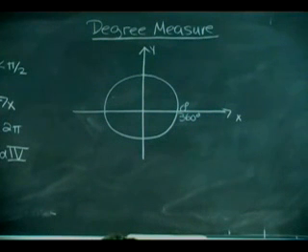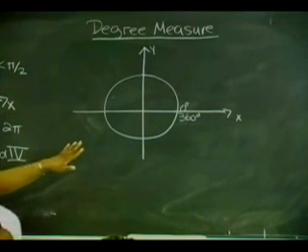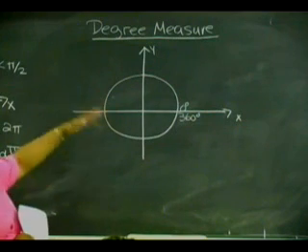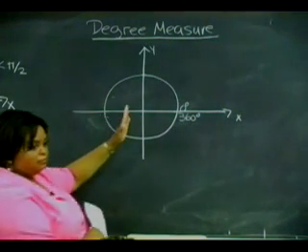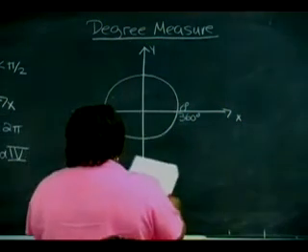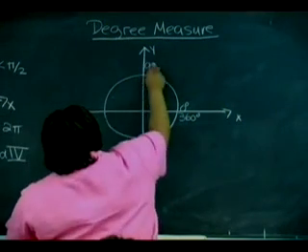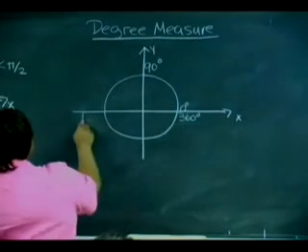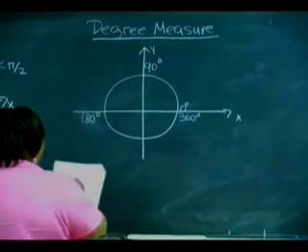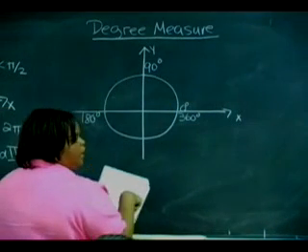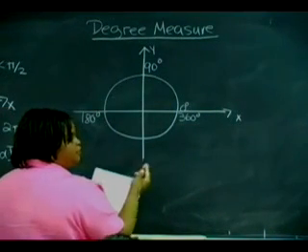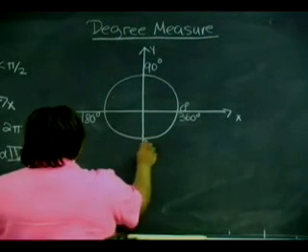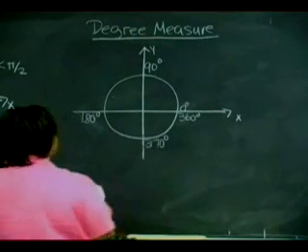So 0 corresponds with 0 and 2 pi corresponds with 360. Now if we do a fourth of that revolution, we get to 90 degrees. Half, we get to 180 degrees. And 3/4 of the revolution, we get to 270 degrees.